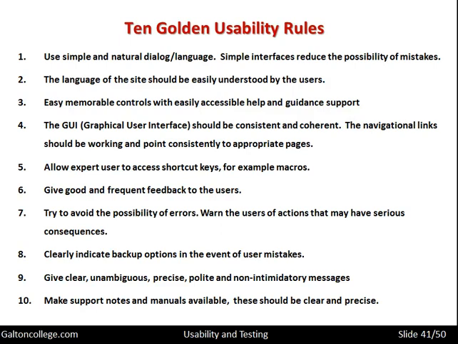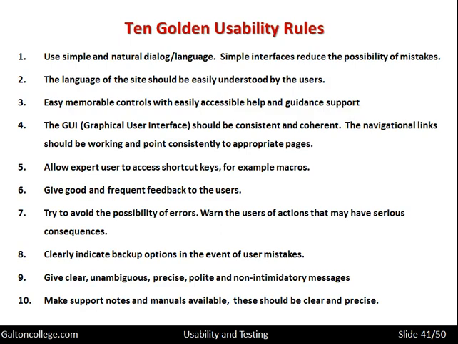Number 8, clearly indicate backup options in the event of user mistakes. Try to help the user undo the mistake. Number 9, give clear, unambiguous, precise, polite, and non-intimidatory messages. When the site needs to communicate with the user, make sure the messages are clear, unambiguous, precise, polite, and not intimidatory, not threatening in any way.